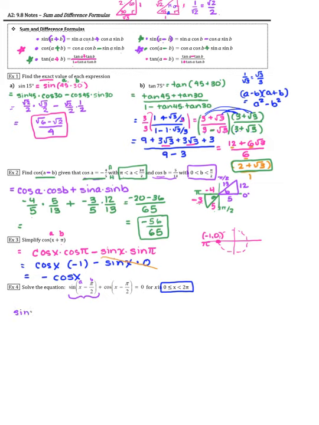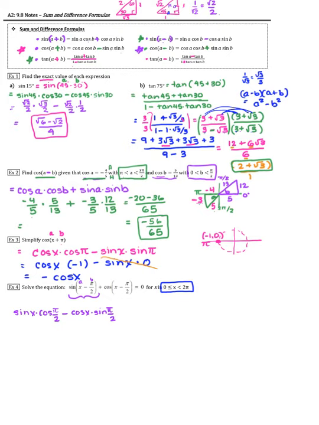So this is going to be sine x cosine pi over 2, sorry, I almost made a mistake there, minus cosine x times sine pi over 2. All right, so that expanded there.